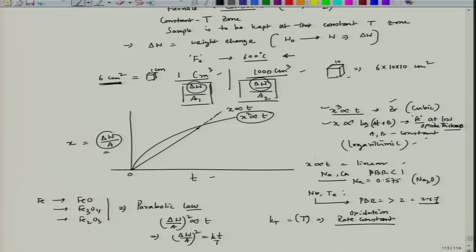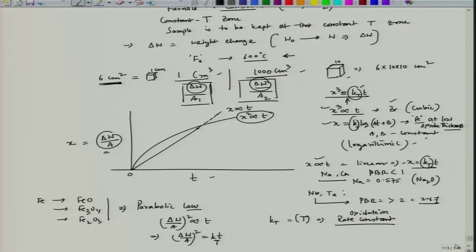And in those cases also I can write x equal to kl t, which becomes the rate constant for a linear rate law. Here also I can write x cube equal to kc t. So, this is also a rate constant. Here also I can write, instead of proportionality, k t. So, this becomes my logarithmic rate constant. And here it is the parabolic rate constant.